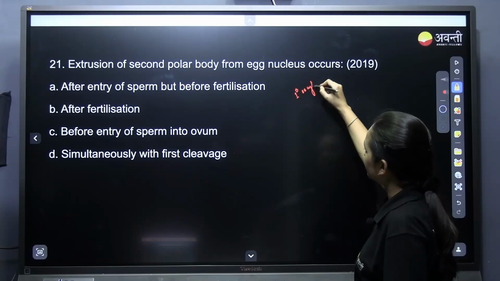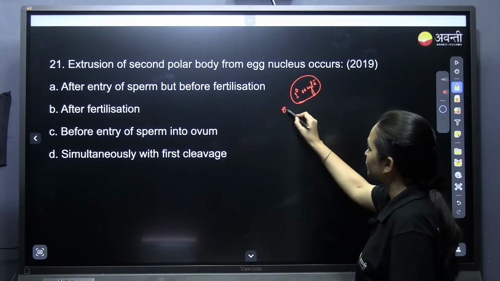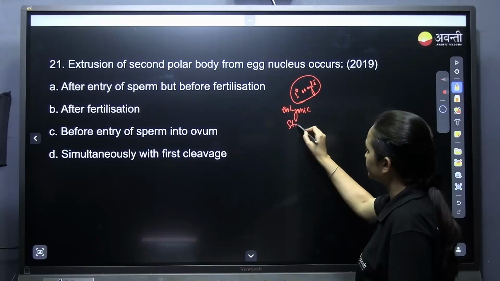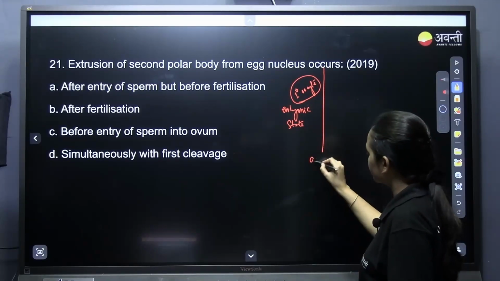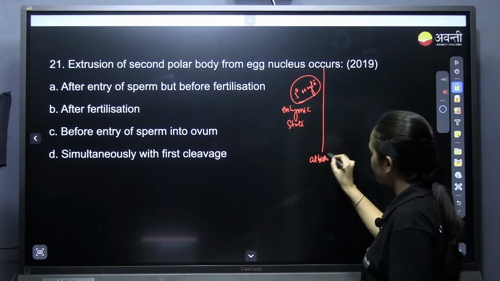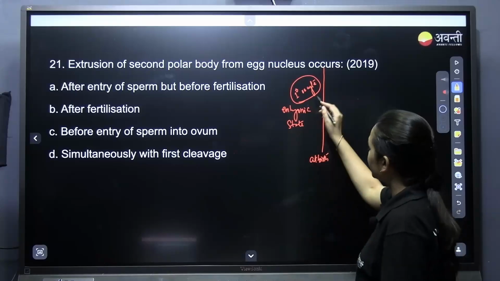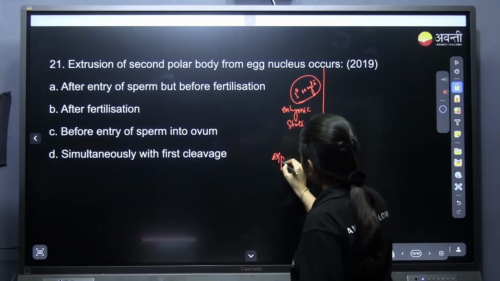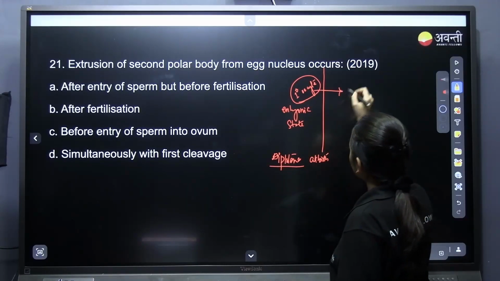Okay, I'll tell you, primary oocytes will be developed in the embryonic stage only. By birth, these will be arrested in the diplotene stage.